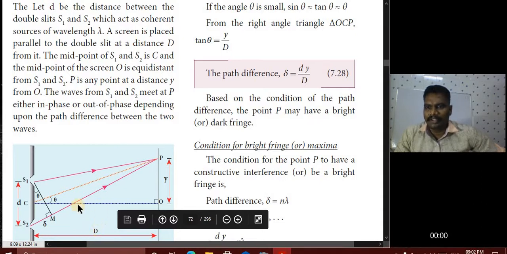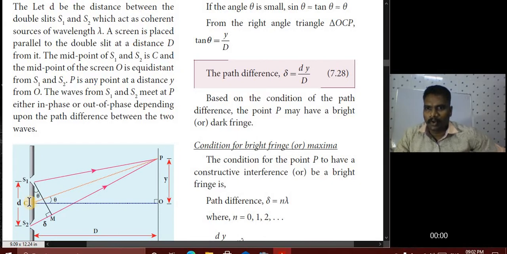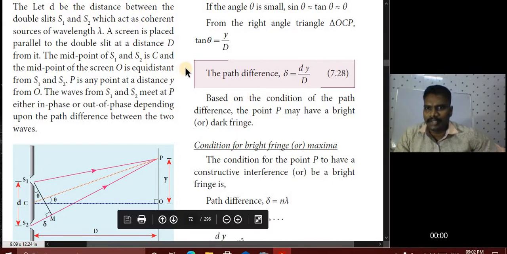The midpoint of S1 and S2 is called C, and the midpoint of the screen, O, is equidistant from S1 and S2.